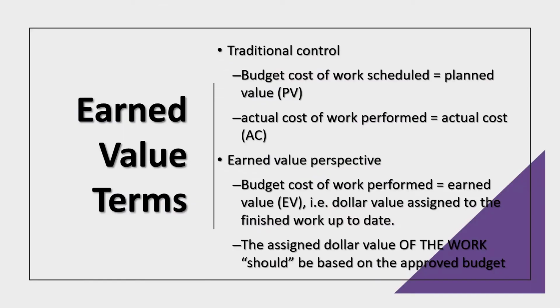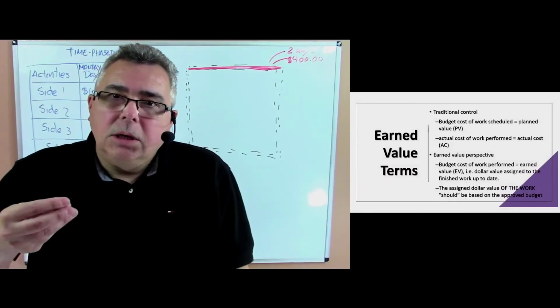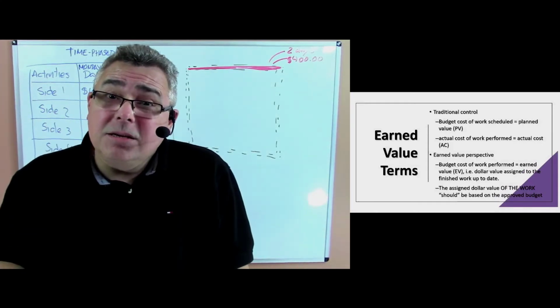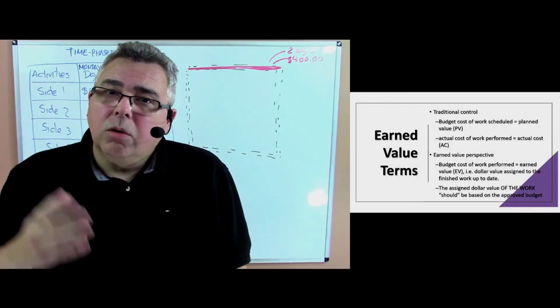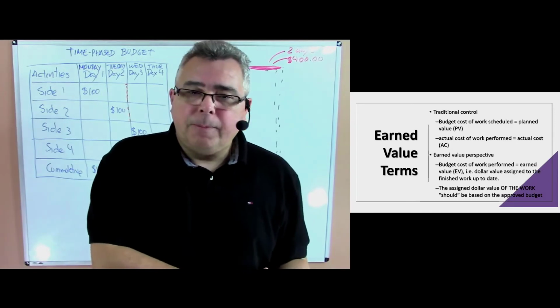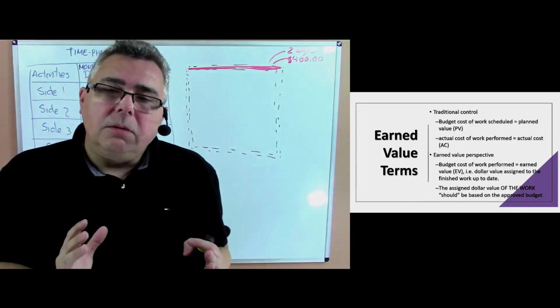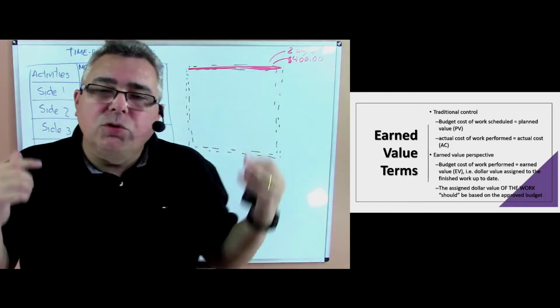That's the idea of the earned value management system: to create some performance indicators that help us get a better understanding of the project execution, comparing cost and work done. So we have some terms in earned value analysis that we have to understand.